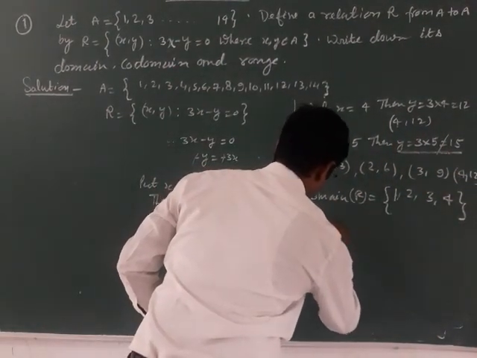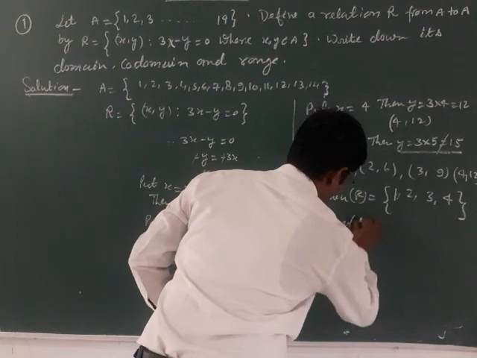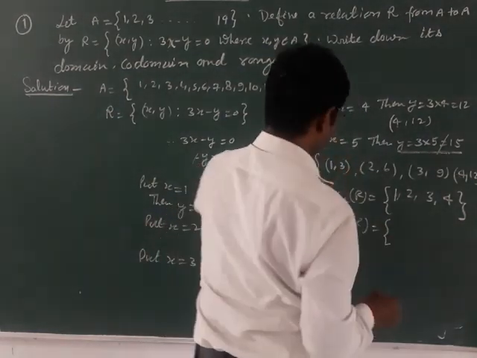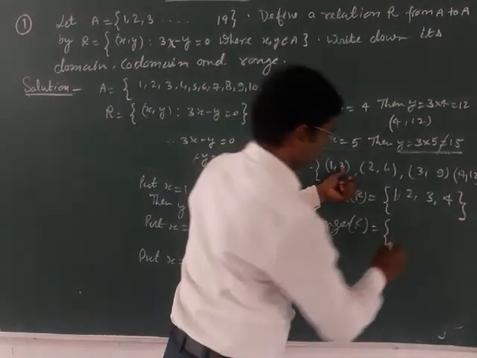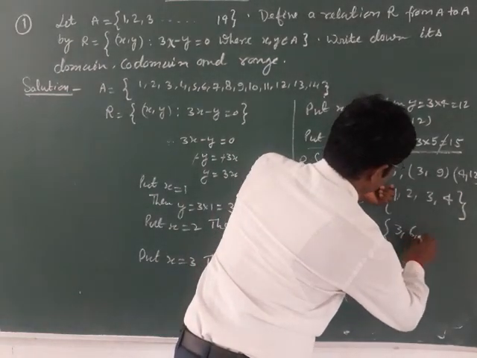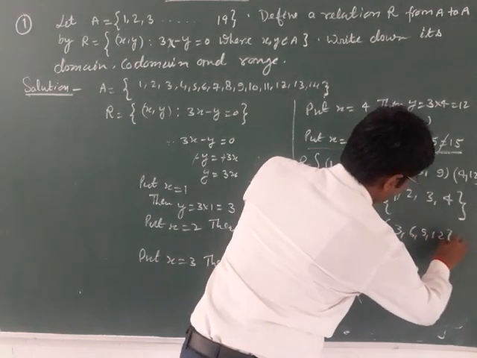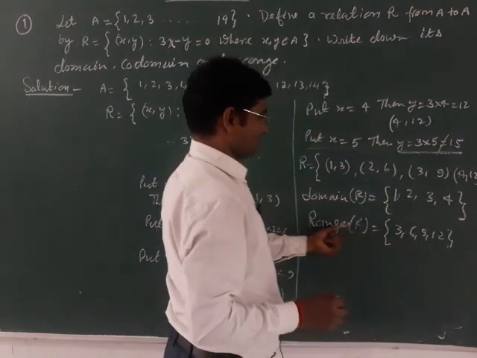Range of R is equal to the second components of the ordered pairs: 3, 6, 9, 12. This is the range.